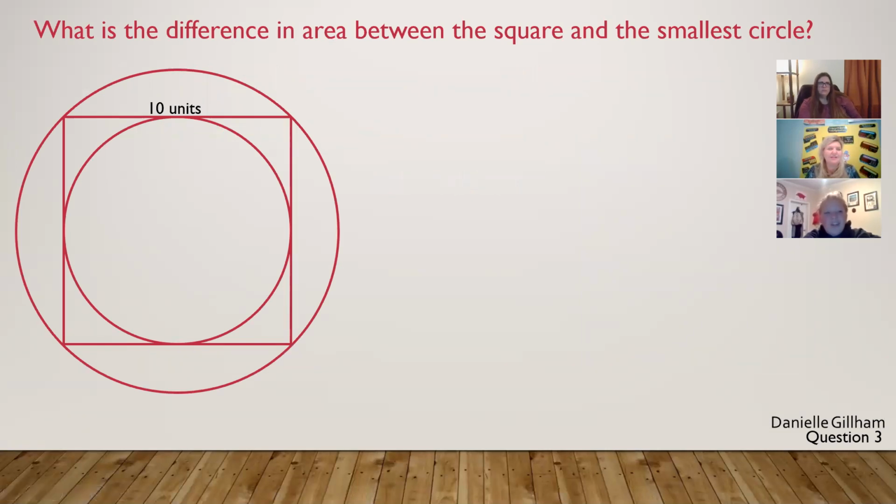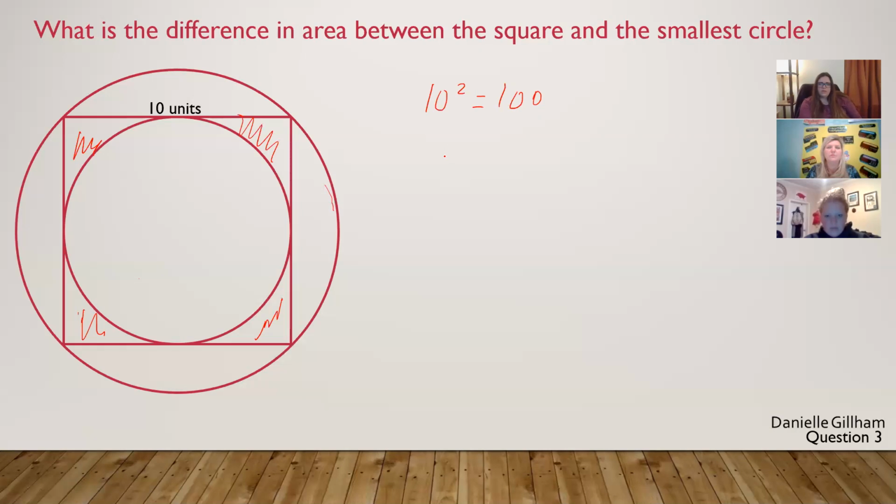Danielle, what is the difference in area between the square and the smallest circle? Okay. So if we were to find this difference right here, if that was all shaded in, we would find the area of the square, which will be 10 to the second power. You're going to multiply two sides, and that's going to be 100.